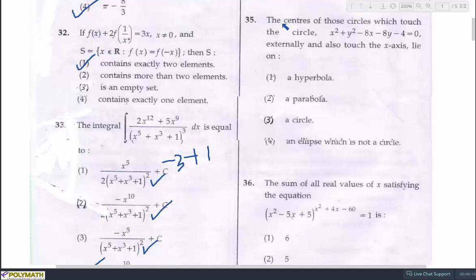In general, the locus term is eliminated in many problems, like find the equation, the locus of a straight line, or of a circle, because it is common to every question. So you have to understand according to the situation: the locus of centers of those circles which touch the circle externally and also touch the x-axis is lying on.